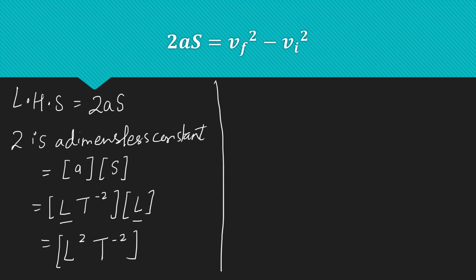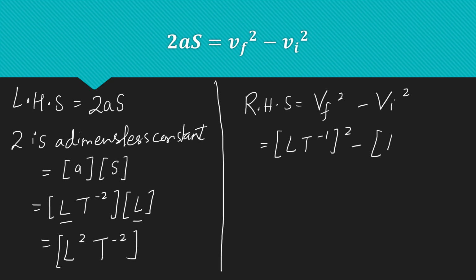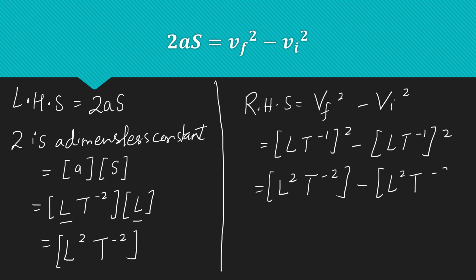Now the dimension of right hand side is vf square minus vi square. Vf is the final velocity and vi is the initial velocity, so Lt minus 1 square minus Lt minus 1 square. Taking square, it will become L square t minus 2, and it will become L square t minus 2.